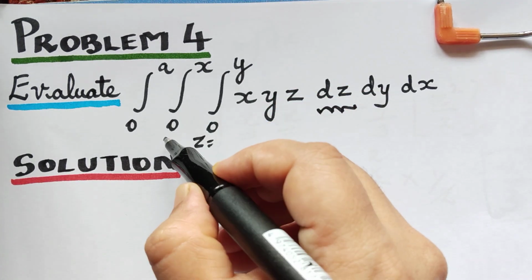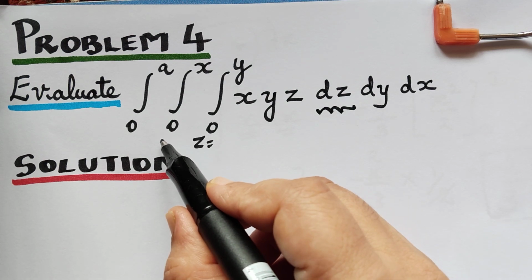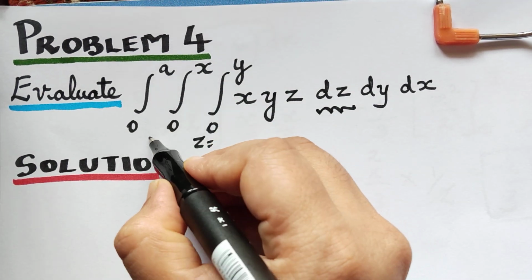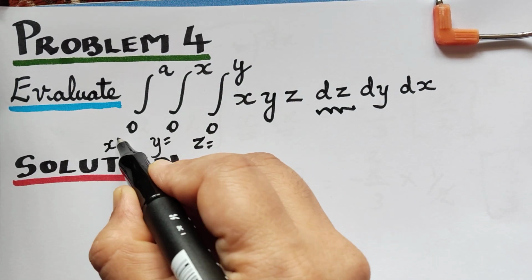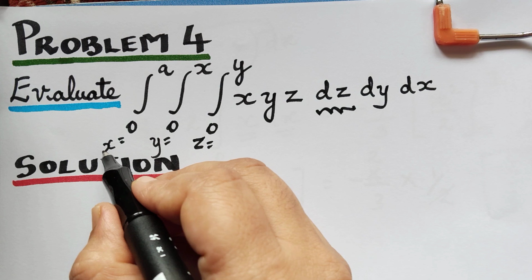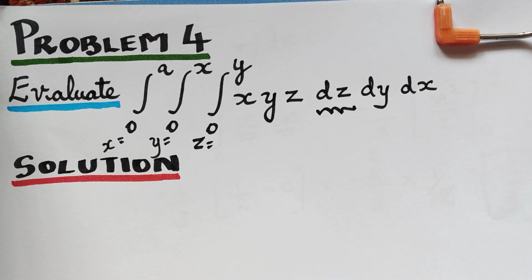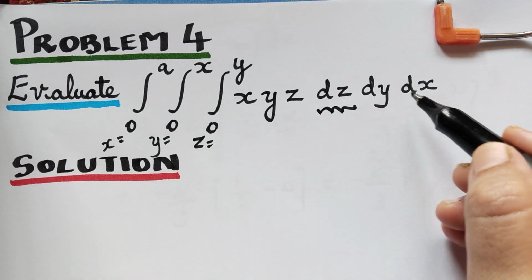Now the second integral: since the first was taken as z, another variable that we have to take is y. Since the limits are with respect to x, obviously we have to take this as y, and this limit will be with respect to x, that is x equal to 0 to a. So this will be the order of integration: dz first, then dy, and then dx.